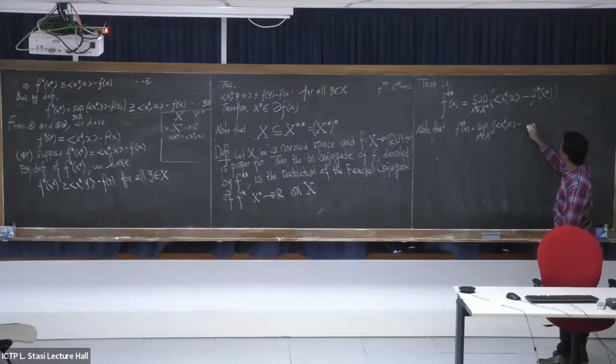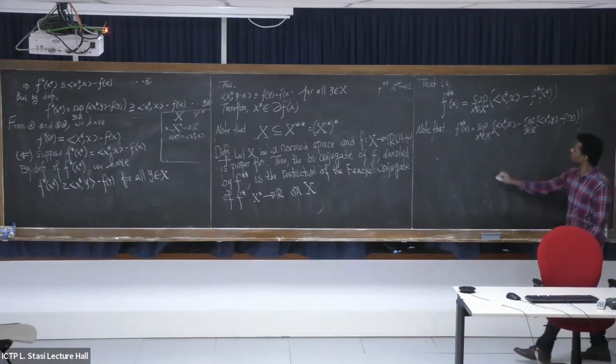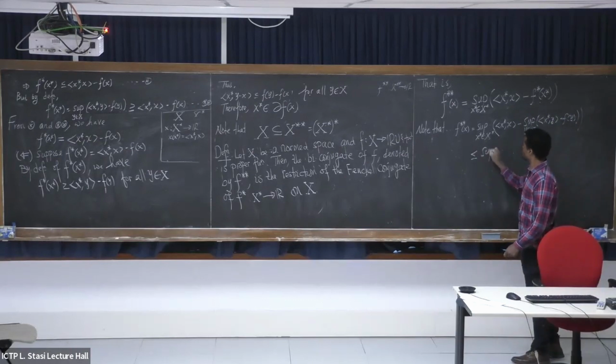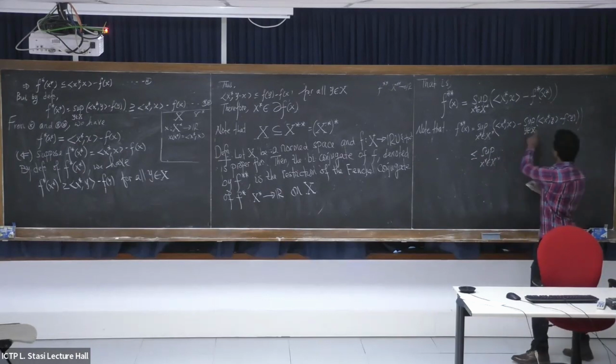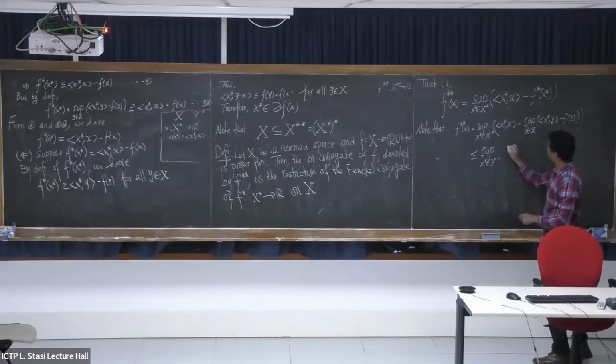This means, by definition, this is the supremum of x star of x minus f star, when y runs in X. By definition of conjugate, we have this one. But this is less than or equal to. This is greater than or equal to at a point x, right?